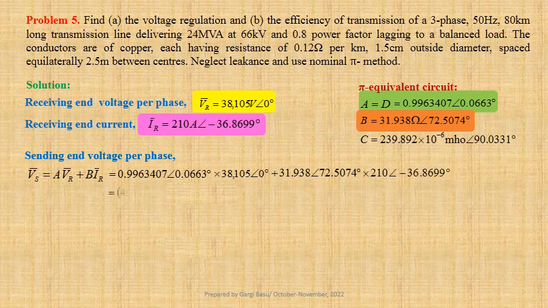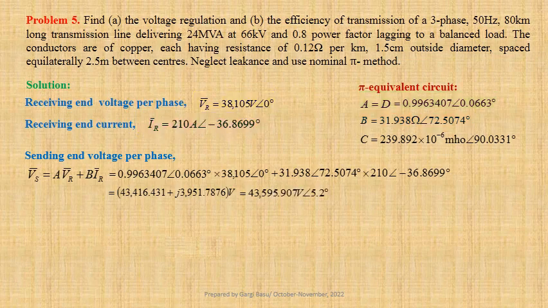That gives us 43,416.431 plus j times 3,951.7876 volt. This may be written in polar form as 43,595.907 volt at an angle 5.2 degree.